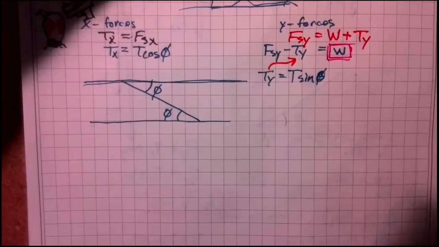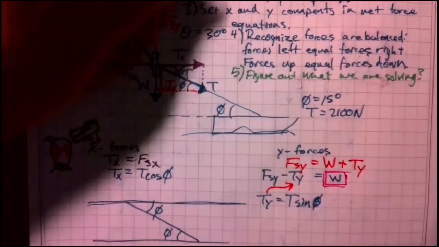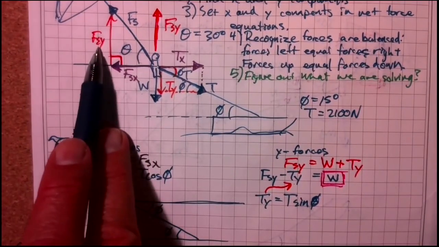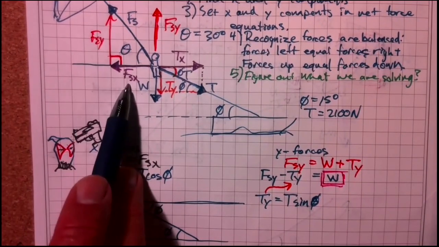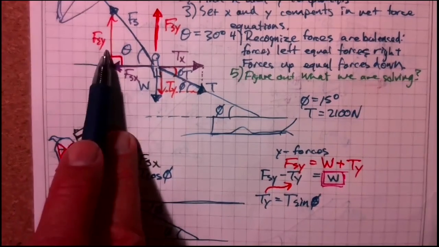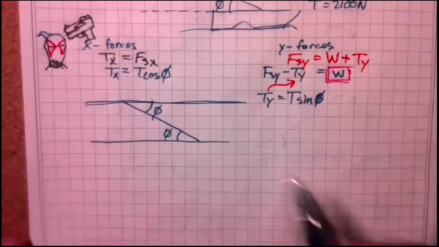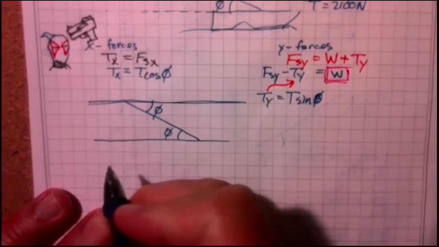Now, we're going to use tangent. So my triangle up here, right? I know my angle theta here. If I know F of s of x, I can find this using tangent. I don't need to know what the hypotenuse is, I don't care. So I'm going to write that triangle up there.